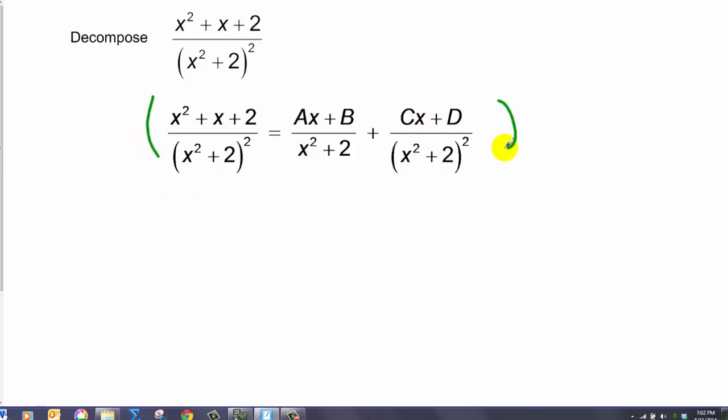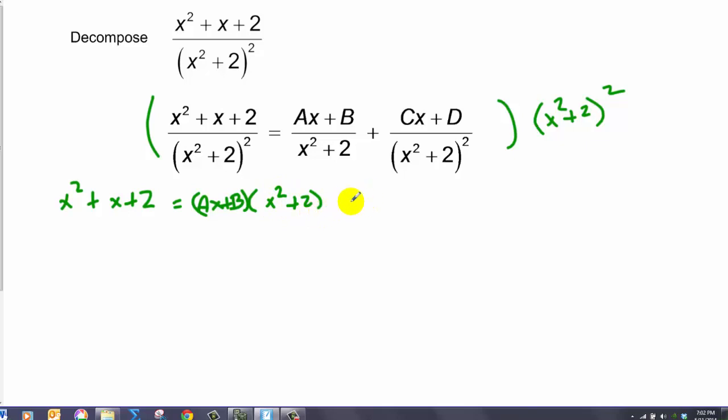Multiplying both sides by this quadratic squared, I get x squared plus x plus 2 equals ax plus b multiplied by x squared plus 2 plus cx plus d.